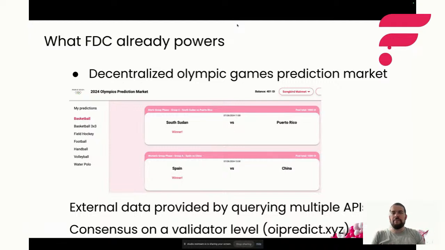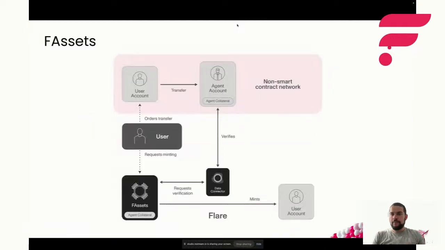This example is currently not running because the Olympics are not on anymore, but it was a nice example of how Web2 data can be integrated with blockchain, making sure that each of the steps you take in making a prediction, acting upon it, and executing it, you don't have to trust anyone. All these links in these steps are always verified by the whole stake, by the whole network.